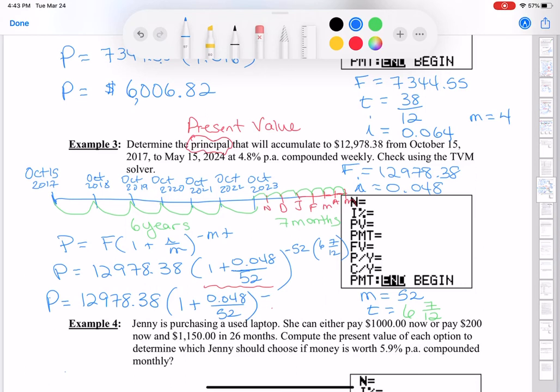And I get negative 1,027 over 3. And now let's punch this in our calculator and get our final answer. All right, so I get a final answer of $9,463.39.